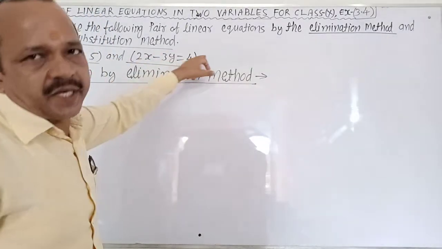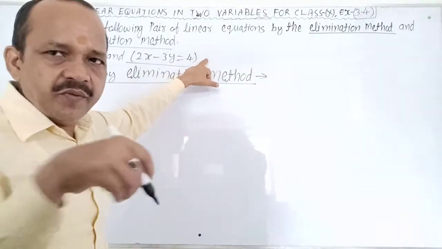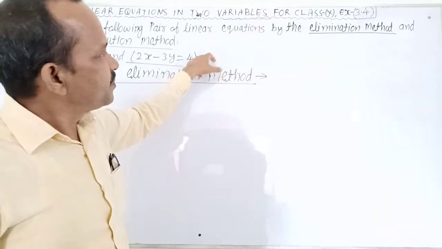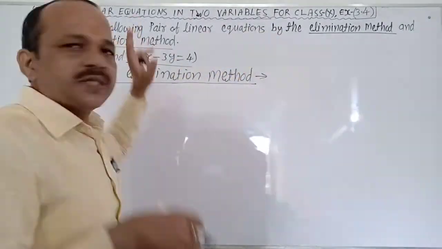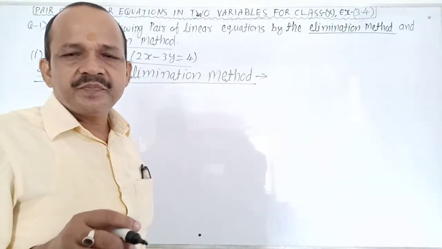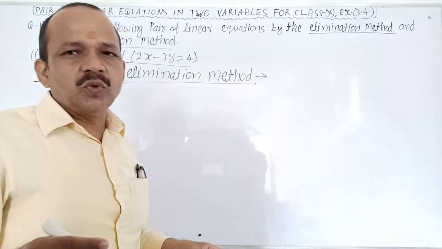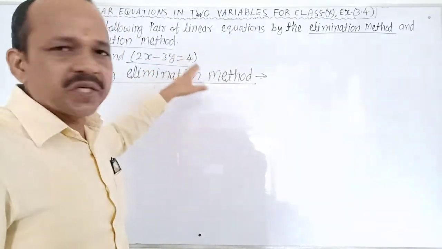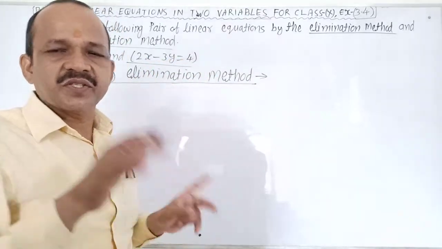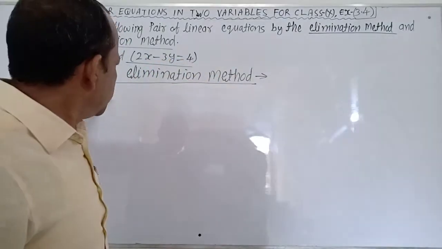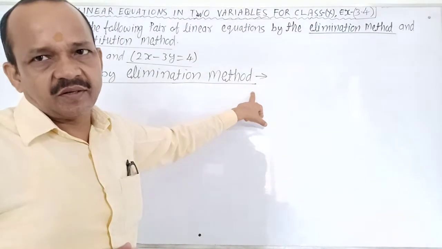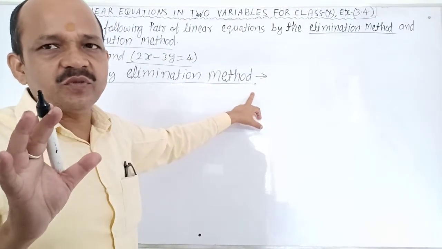It is the given equation. You can solve the given equations by elimination method and substitution method, but firstly I want to solve them by the elimination method. Solution by elimination method.